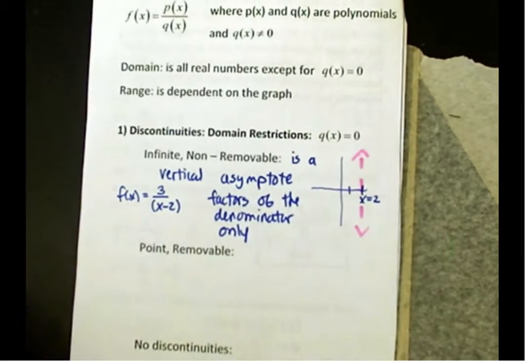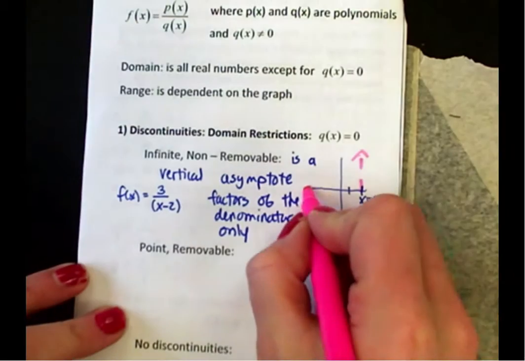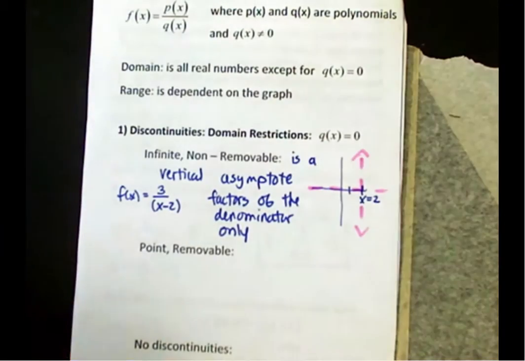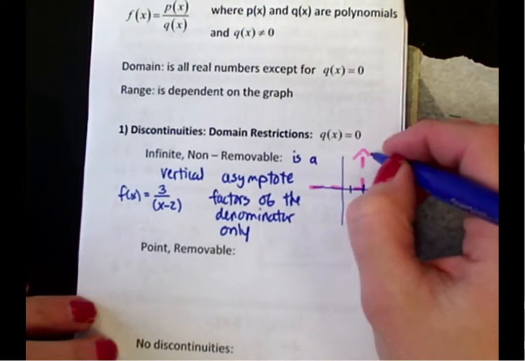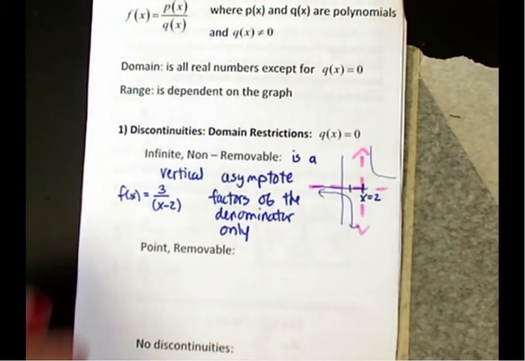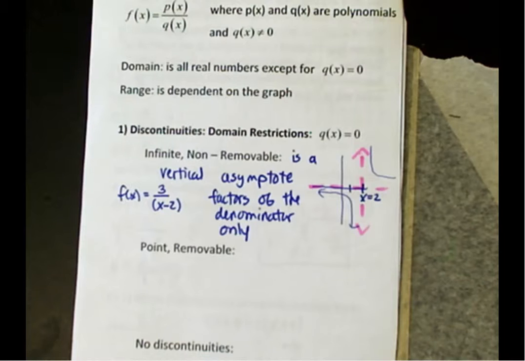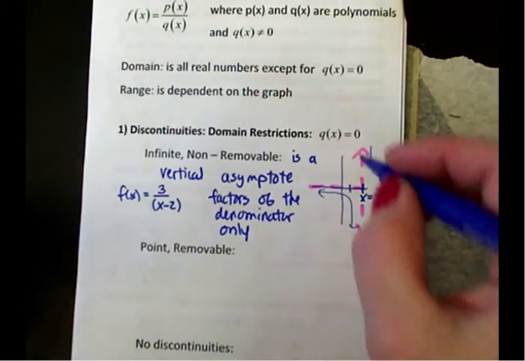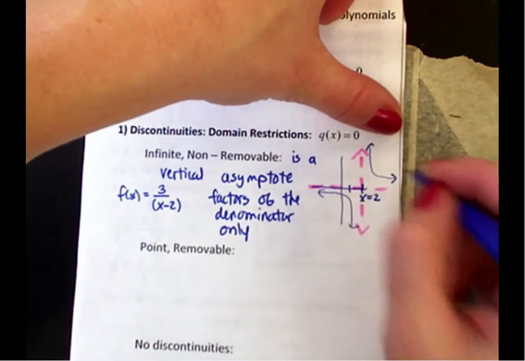So I'm just going to sketch the rest of this picture because I have it. So it would be up here and here. Notice that I didn't really label any other scale. I just showed the vertical asymptote.